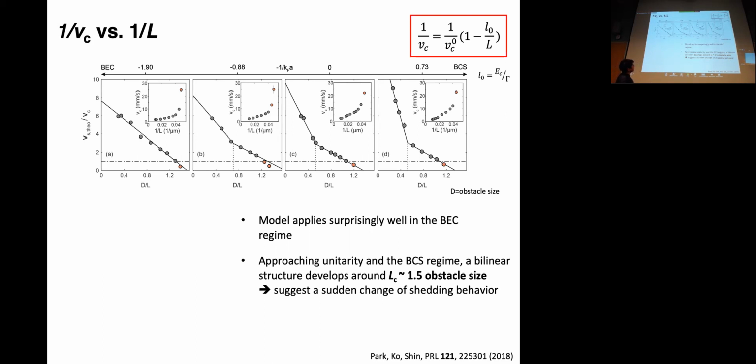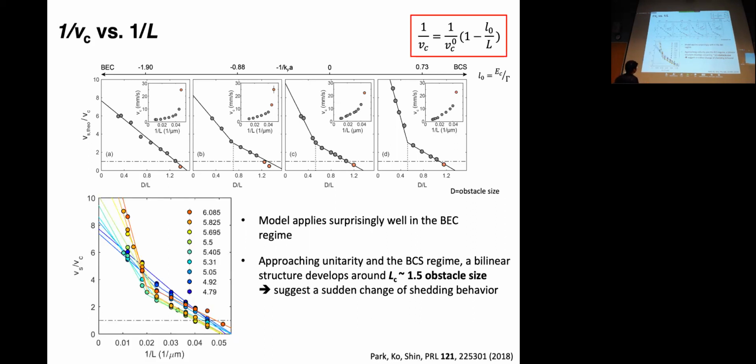And the bilinearity actually strengthens as we go towards the fermionic side of the resonance. The characteristic obstacle travel distance for those data sets that show this bilinearity turns out to be roughly set by the obstacle size, which is telling us that about this characteristic obstacle travel distance, there's a rather sudden change in the shedding behavior of these vortex dipoles, which is kind of surprising.